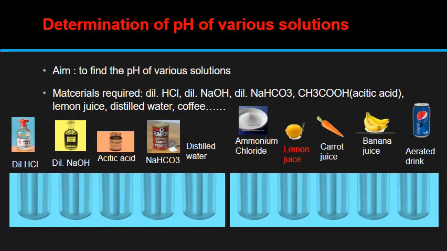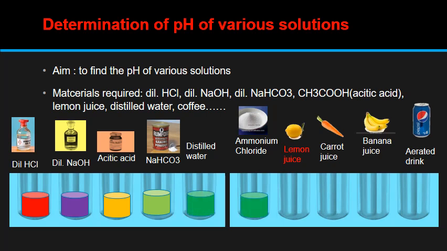Then what do we have to do? You have to add those indicators. When you add the methyl orange, the dilute HCl will turn red, sodium hydroxide purple, acetic acid yellow, sodium hydrogen carbonate light green, distilled water green, ammonium chloride slightly green, lemon juice red, carrot juice yellowish, banana dark yellow, and the aerated drinks light green.